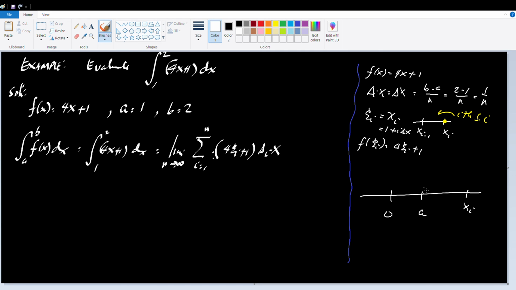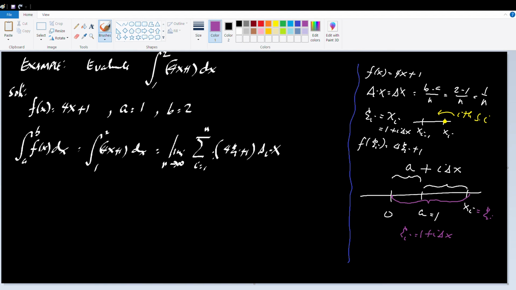From a to x sub i, that is i delta x. But we have to add this much, which is a. So in this example, a is equal to 1. So from 0 to x sub i, that will be equal to 1 plus i delta x. That is my c sub i.